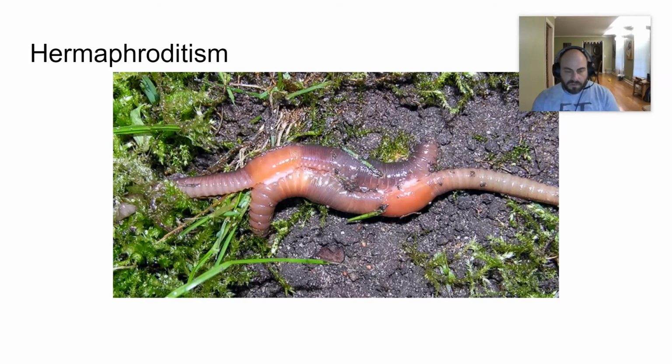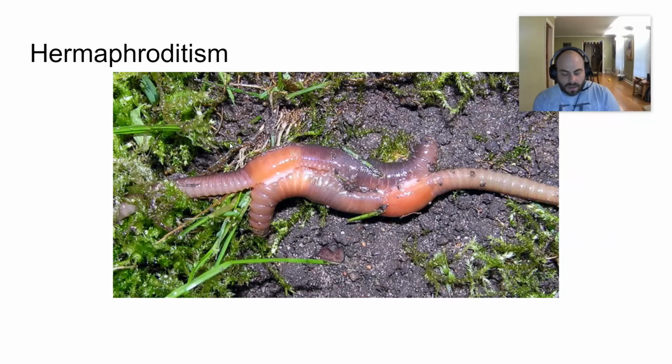One type of reproduction is called hermaphroditism. There's a word for this too. Hermaphroditism is essentially when an individual, like this worm here, you can look at either one of these worms, has both sex organs. Sometimes you'll see the word monoecious used with this as well.